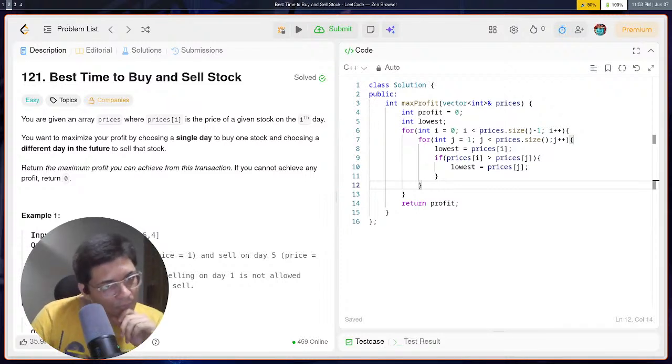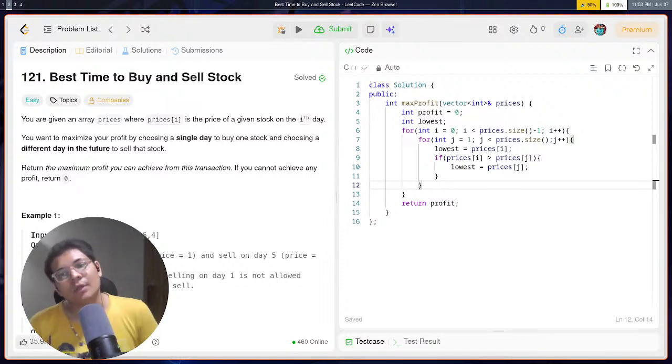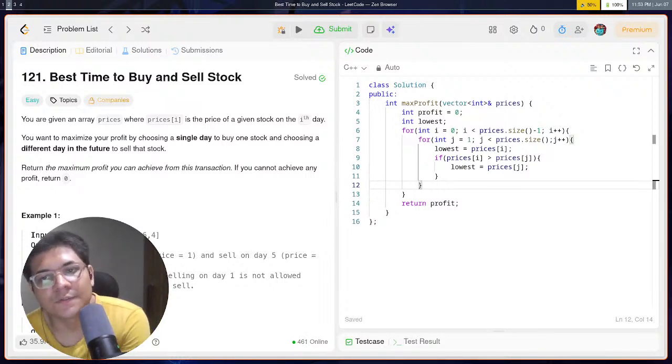That gives us the lowest number, while we have the jth index.